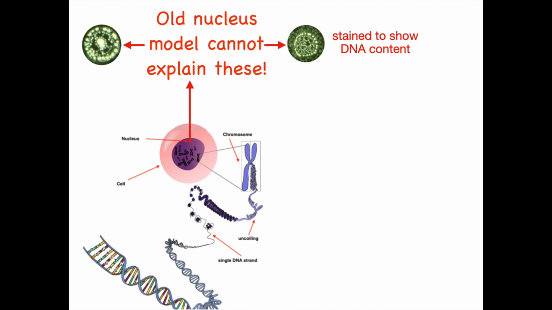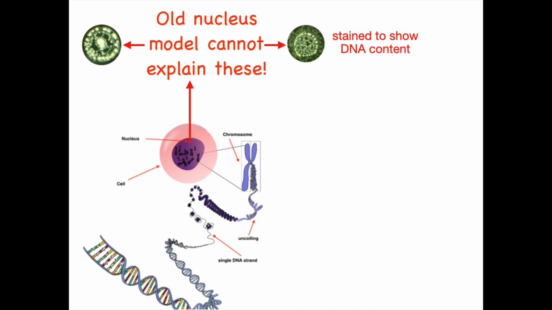So those things that you're looking at and those little circles and everything are loaded with DNA. And they are not linear. They are circulars. So we need to be talking about circles of DNA instead of assuming it's just a big giant linear strand. I'm going to show you a new model that will help explain those grain photomicrographs up there.